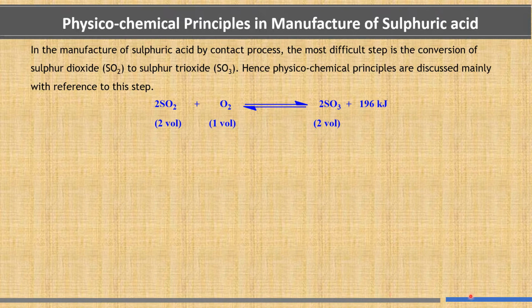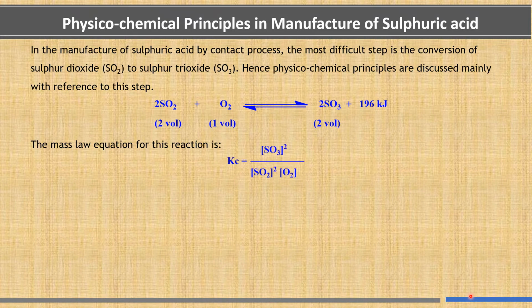That means the reaction proceeds with decrease in volume. The mass law equation for this reaction is Kc is equal to concentration of SO3 squared divided by concentration of SO2 squared into concentration of O2.